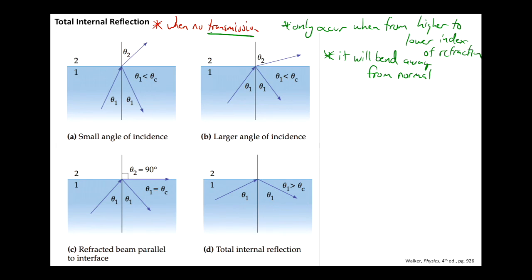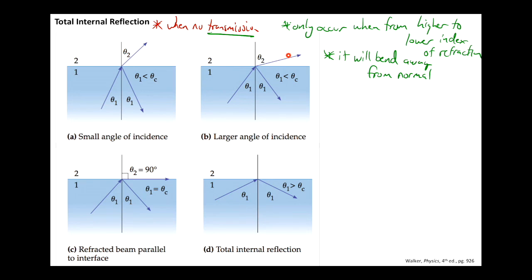And we're going to look at kind of an extreme case of this occurring. So take a look at part A below. This is the case where I have a relatively small angle of incidence. But notice, theta 2 is bigger than theta 1. If I go over to a larger angle of incidence, notice now theta 1 has gotten a little bit bigger. Notice what happens to theta 2.